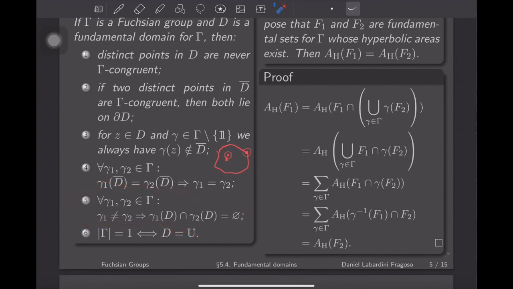If I have 2 different elements, then this intersection has to be empty, because otherwise gamma 2 inverse gamma 1 of D would intersect D, right? And then if this is different from the identity, I would have different points in the same orbit, right? So this would have to be the identity, but then they have to be equal.